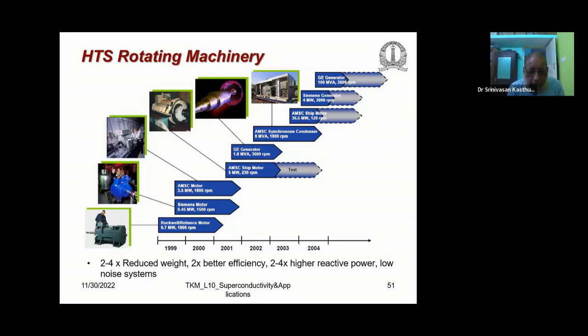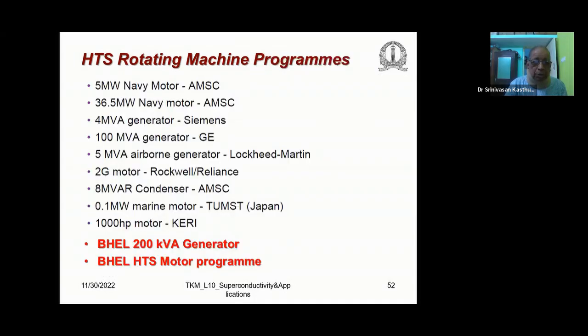Okay, higher reactive power and low noise systems are possible because of this HTS, compared to conventional rotating machinery, now using HTS systems. There are a number of programs all over the world, right from 5 megawatts to very high ratings of 36.5 megawatts and so on.